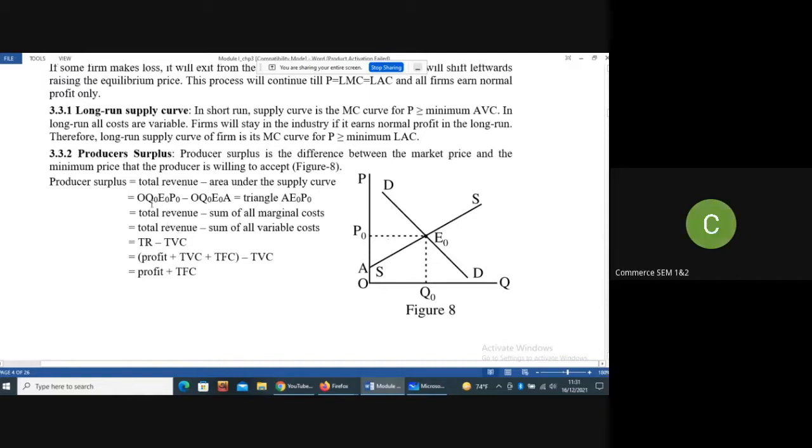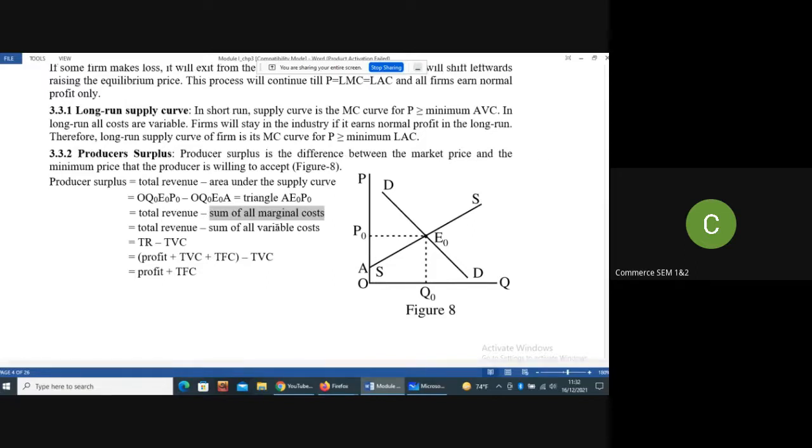Okay, so the area of this rectangle is nothing but your total revenue. And this area is nothing but the sum of all marginal costs. Now, marginal cost means change in cost if you change output by 1 unit.